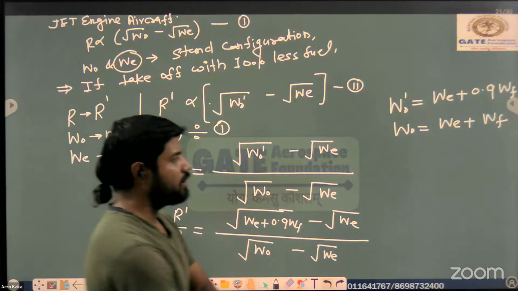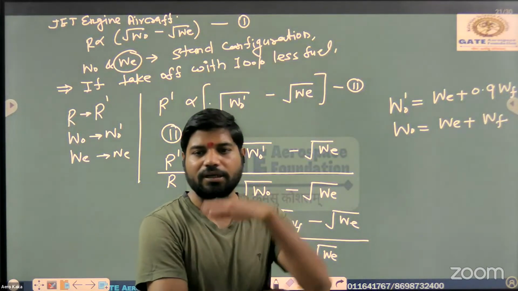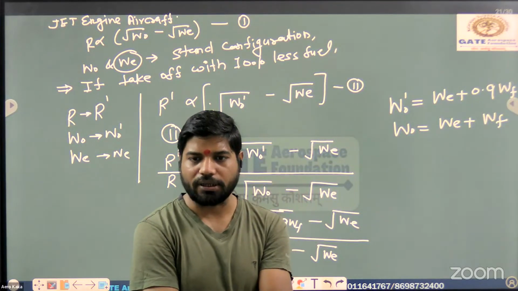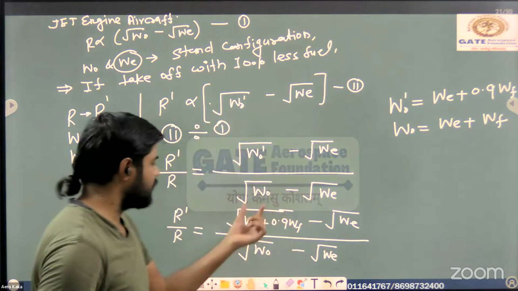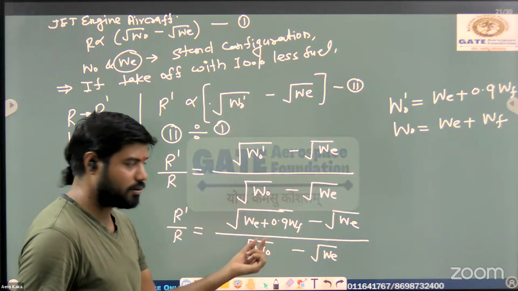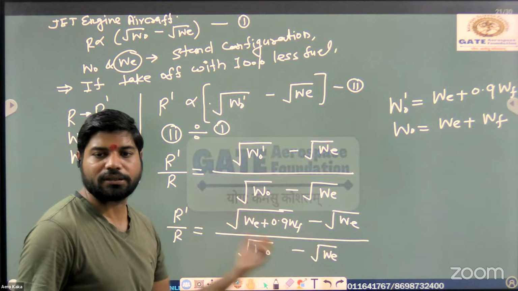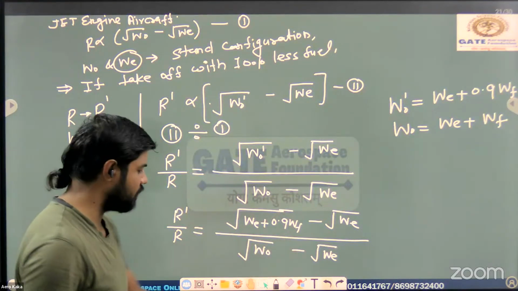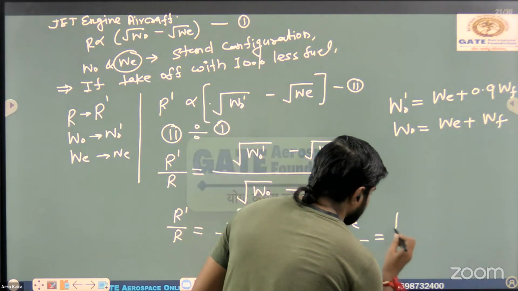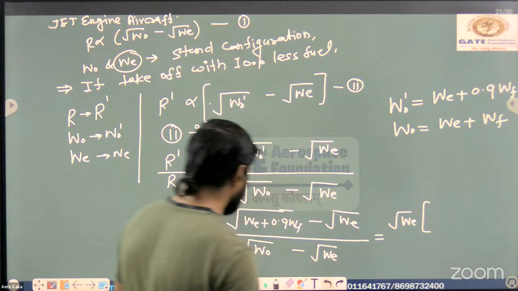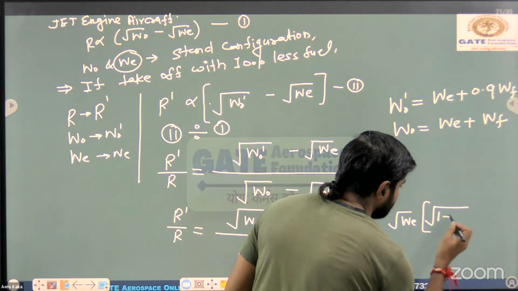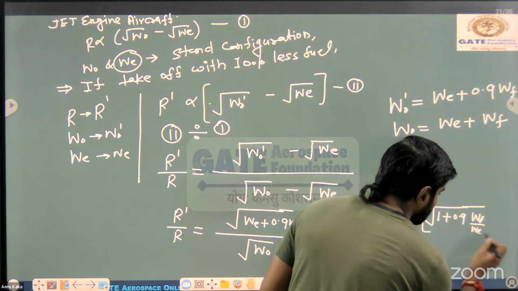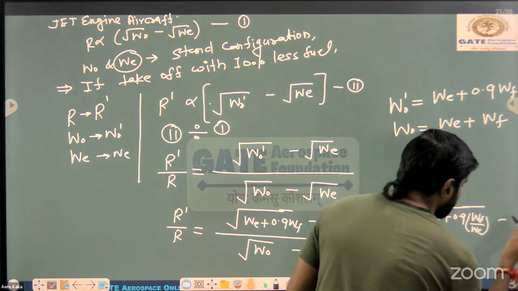Since the WE value is not going to change, whether it is carrying the same amount of fuel, less fuel, or more fuel, we can take root of WE common in the numerator. Am I audible or not? Similarly, take root of WE common in the denominator and simplify. In the numerator, you get root of 1 plus 0.9 times WF upon WE, minus 1.